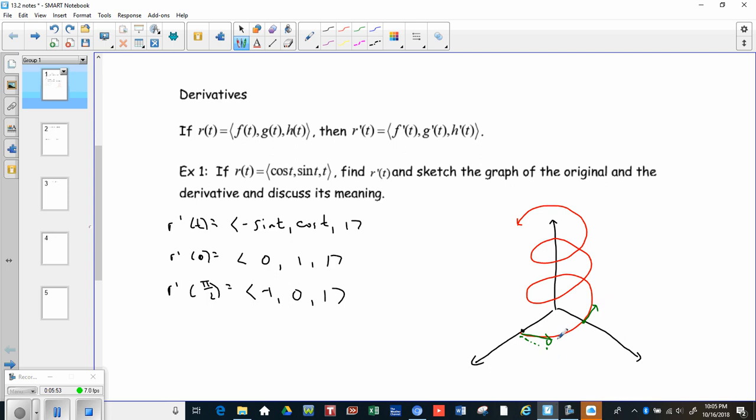So what's really happening here is we are basically creating, or r prime of t creates many tangent vectors.